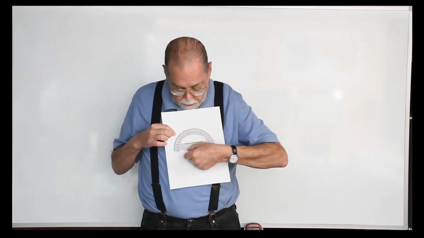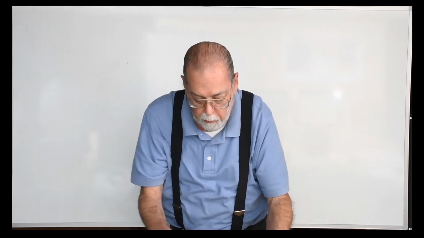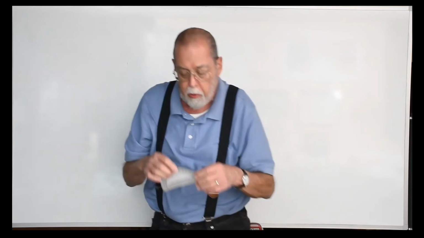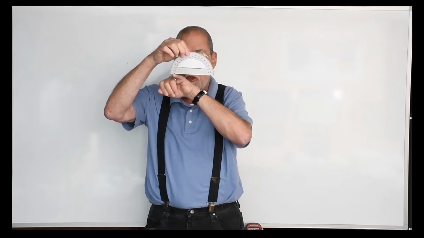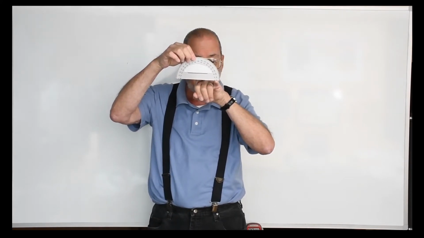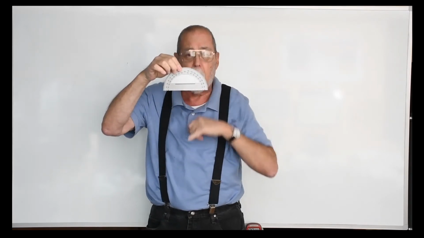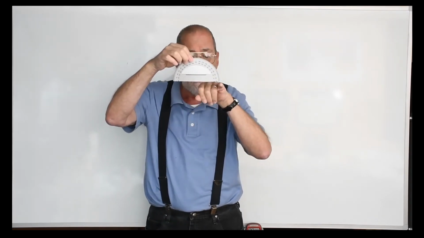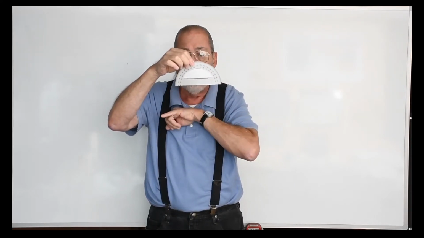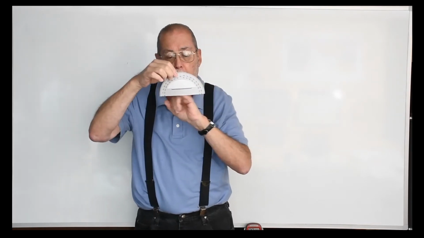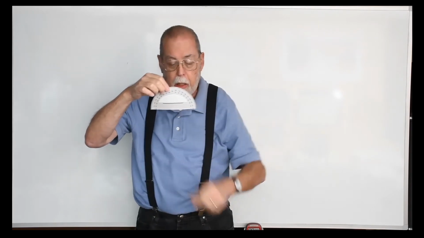When you cut across the bottom, you want to cut off those little feet so that your final protractor looks like this. Notice I've cut directly across the bottom on the 0 on each side, and I've cut the little feet off on each side, and very accurately cut along this bottom line.